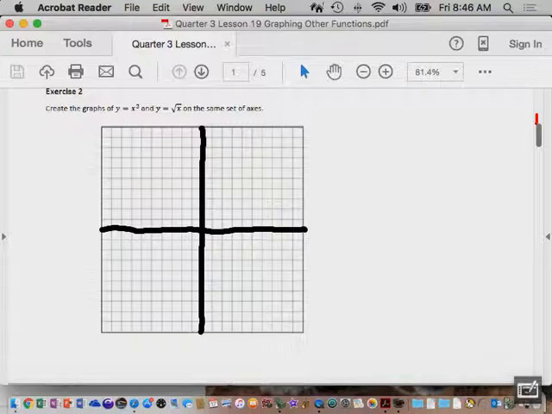So let's first graph y equals x squared. You can just use your calculator, look at the table, plot the points, pretty quick, pretty easy.